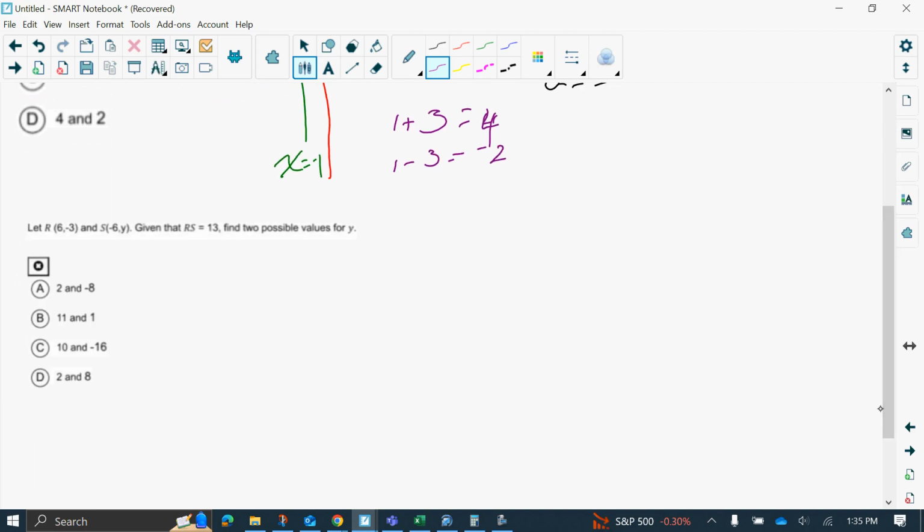Now, let's try that again with these points, as I cross out the point instead of actually underlining it. Okay. So 6, -3.